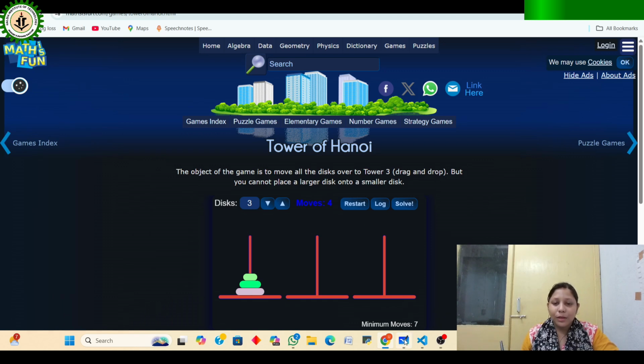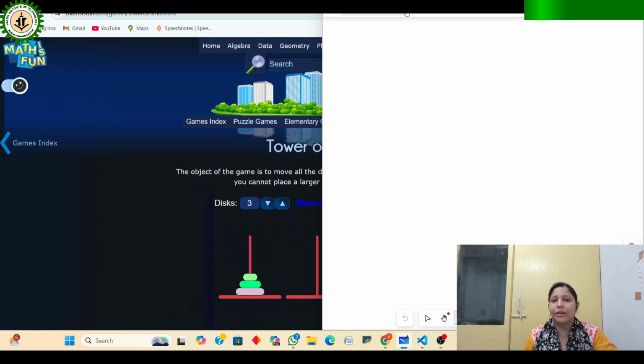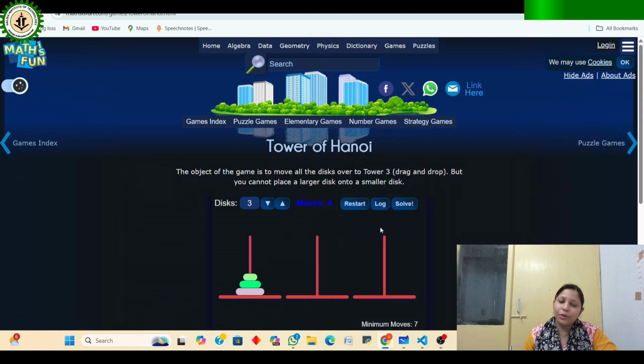Now, we must discuss who invented this Tower of Hanoi. Tower of Hanoi was invented by Edward Lucas. This puzzle is also called the pyramid puzzle.